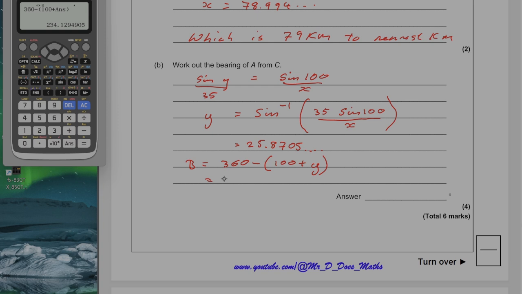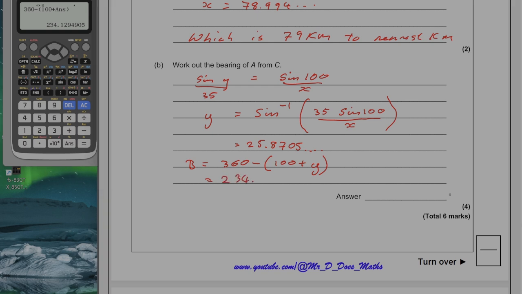And that gives me 234.1294... So my bearing is three figures, 2, 3, 4.